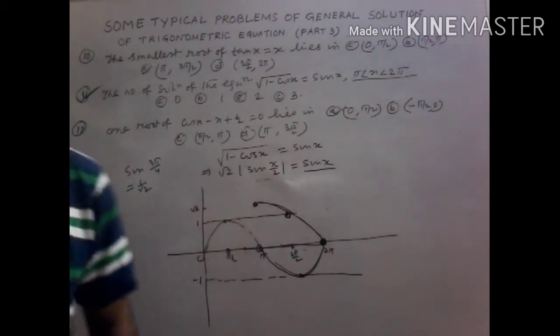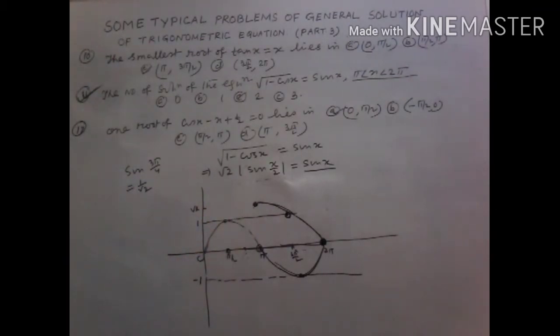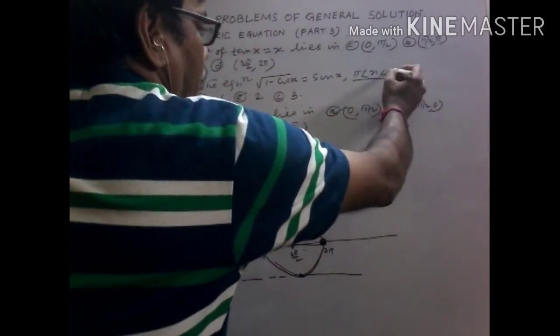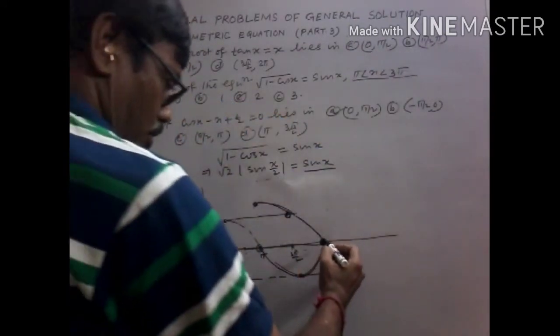So what is the interval? Pi to 2 pi. So let us verify the interval. So we corrected it: this is pi to 3 pi.